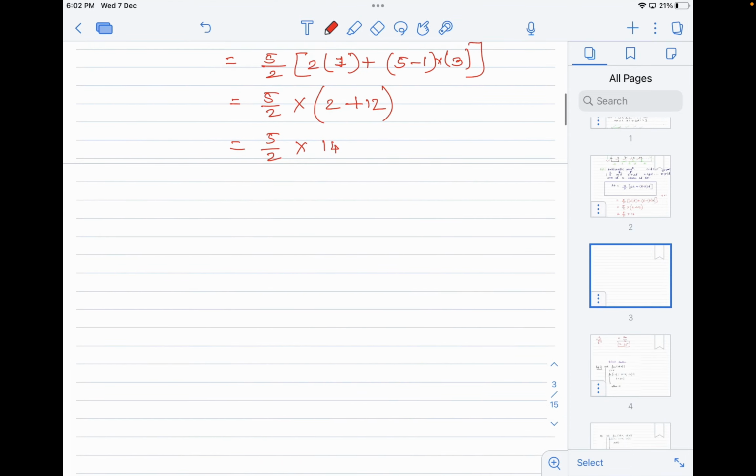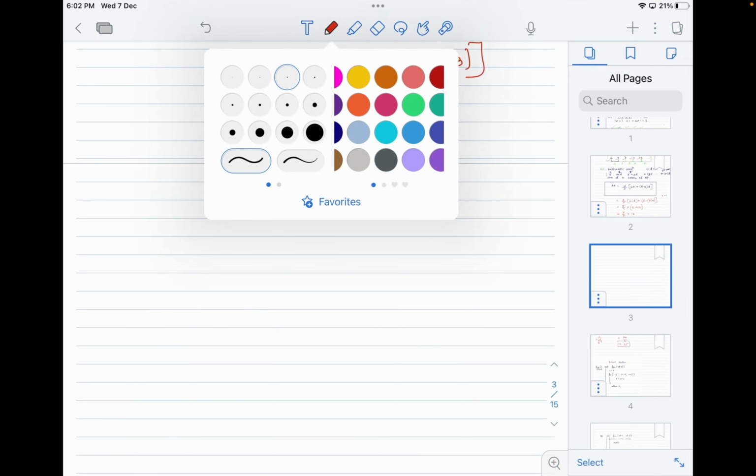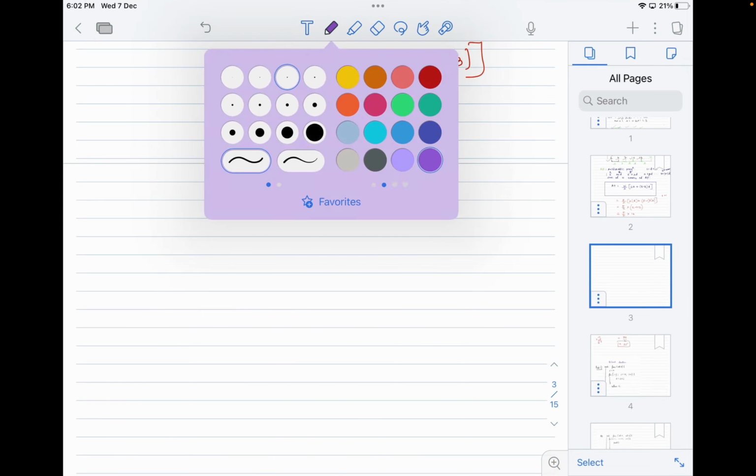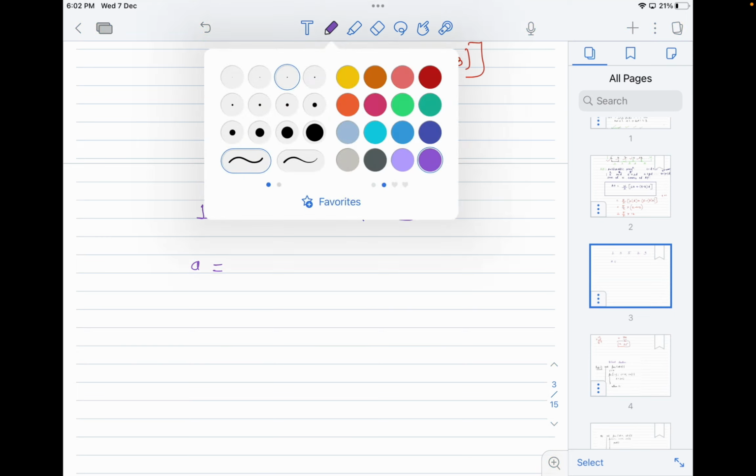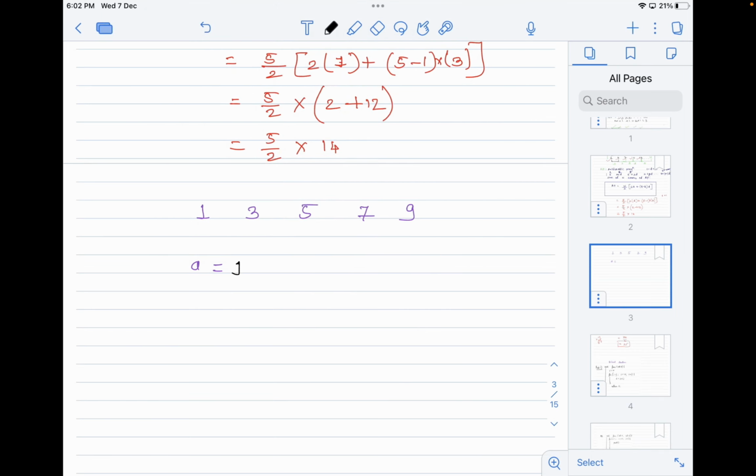Same example, let's take again. You have a 1, you have a 3, you have a 5, you have a 7, you have a 9. So just tell me the first term, A is what? Nothing but 1.